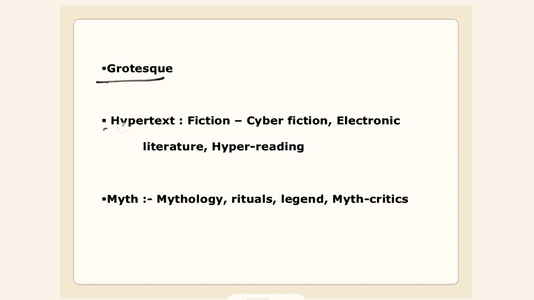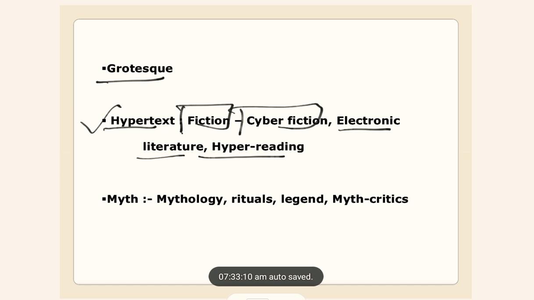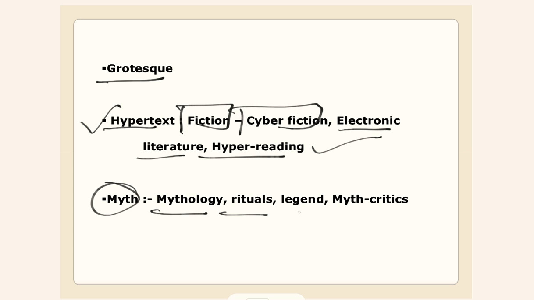Grotesque, hypertext, fiction, cyberfiction, electronic literature, hypertext. This topic has been in a recent question paper, so please remember and discuss in detail all these terms. Next, myth, mythology, rituals, legend, myth critics.